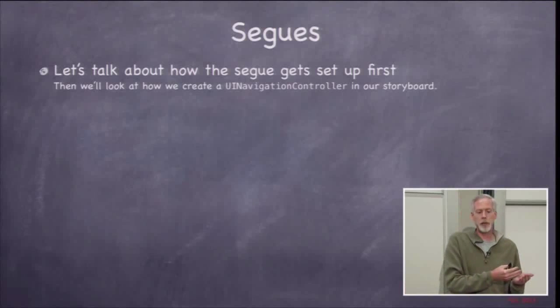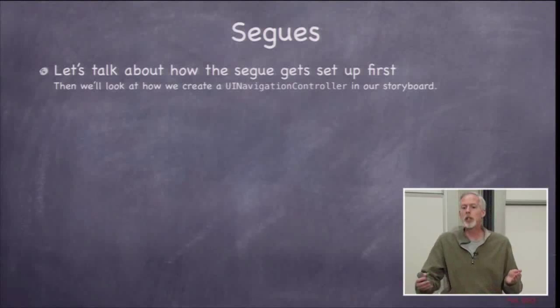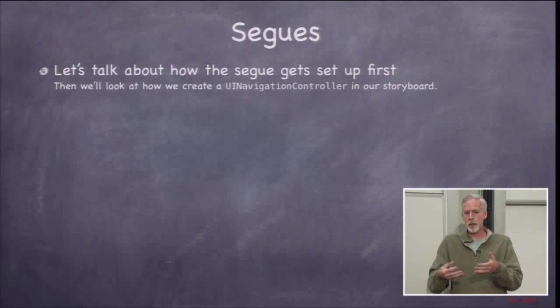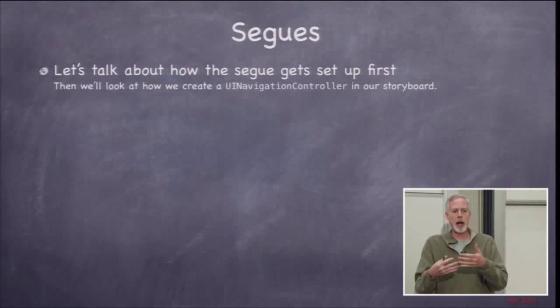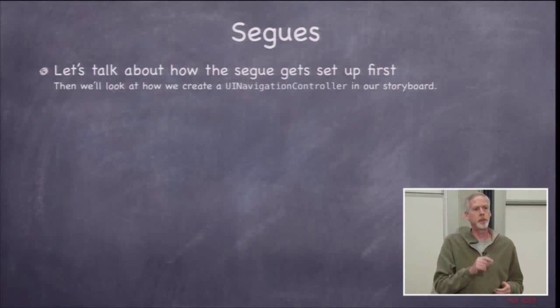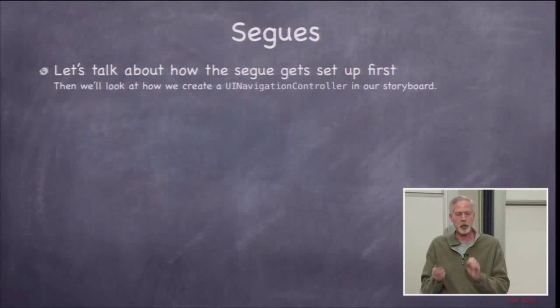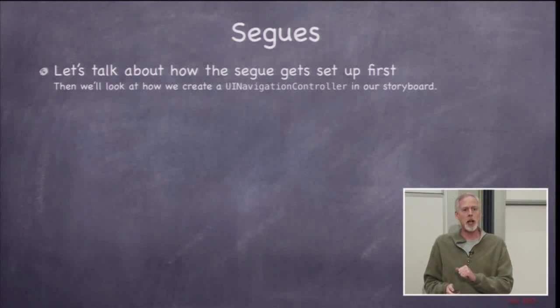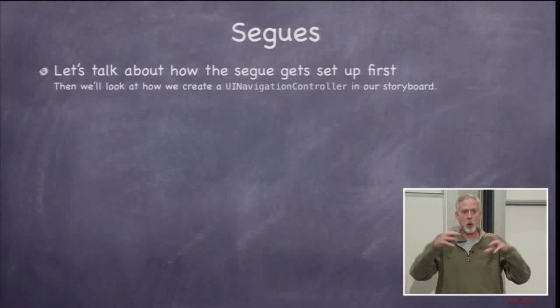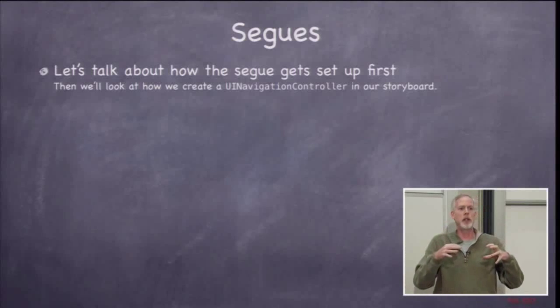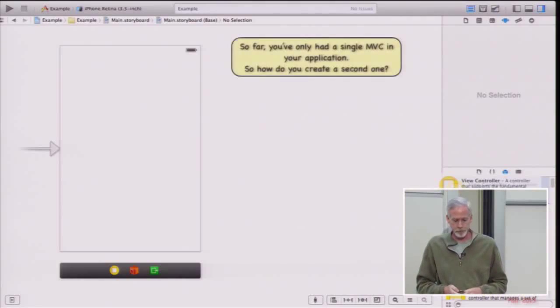We think of the navigation controller as: we push a new MVC to the front, then maybe push another one, and then we pop back and pop back when we hit the back button. That's the terminology we use, but it's called a push segue. So let me talk about how to set up a push segue first, and then we'll show you how to put the whole thing into a navigation controller. That's the two-step process here.